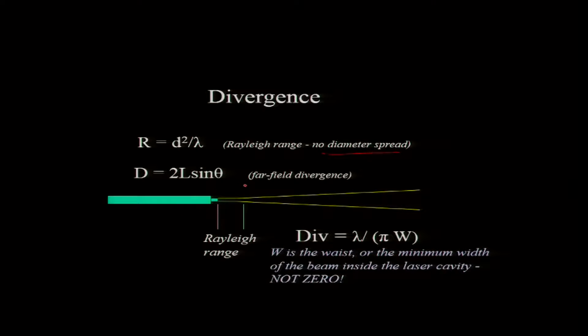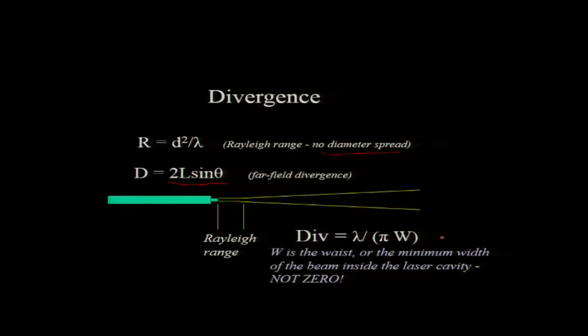The far field divergence can be defined in terms of 2L sine theta, similar to the way I had defined the divergence in the earlier slide, where I talked about tan theta as a ratio of two numbers, length versus the spread.